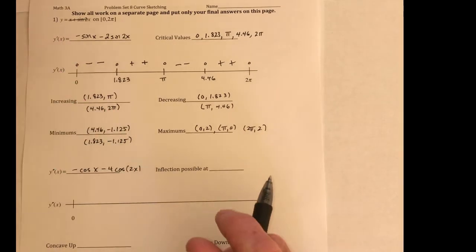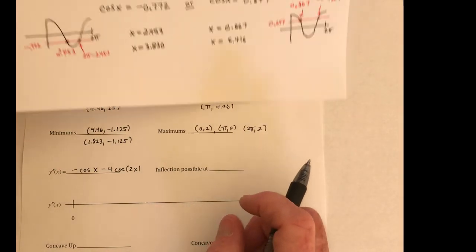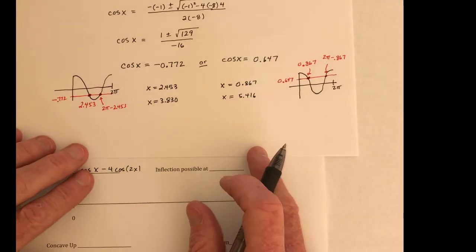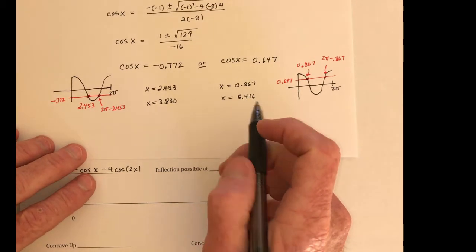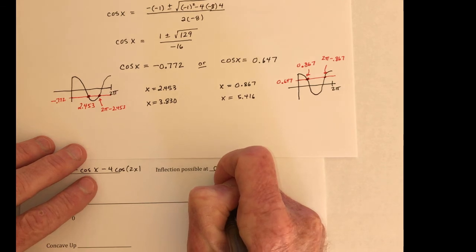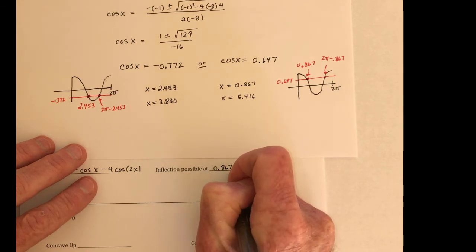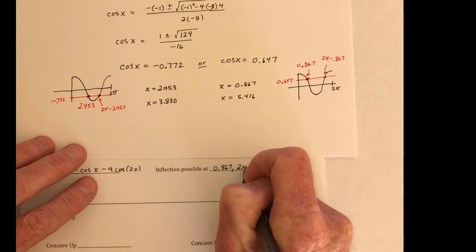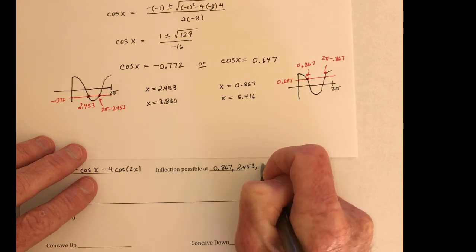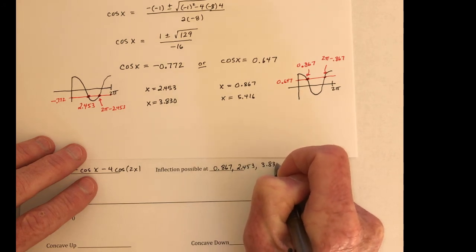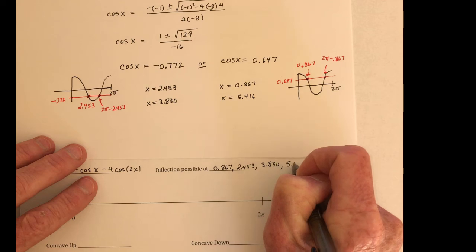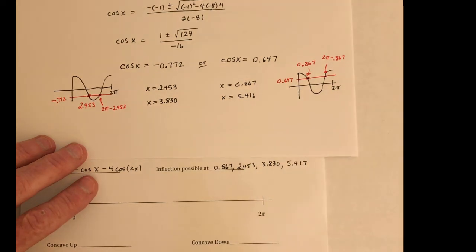So possible inflection points, that's those x values that we just got. And I'm going to put them in order. So 0.867, next would be 2.453, 3.830, 5.417.